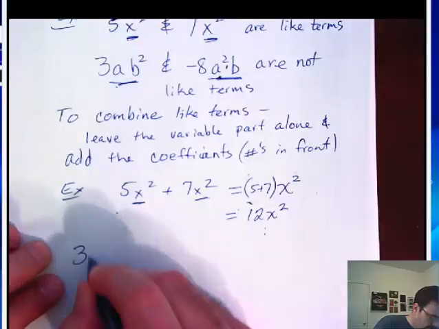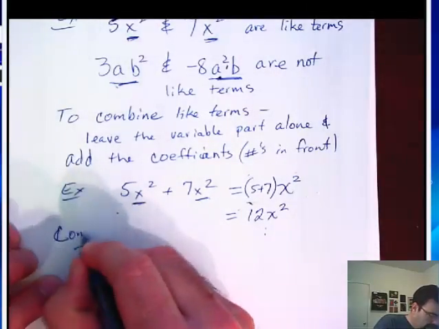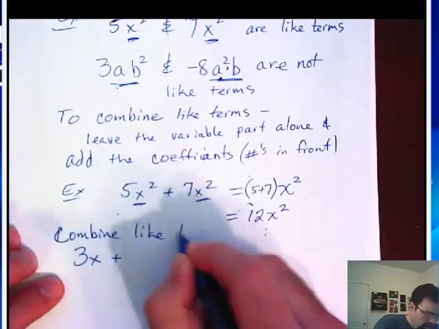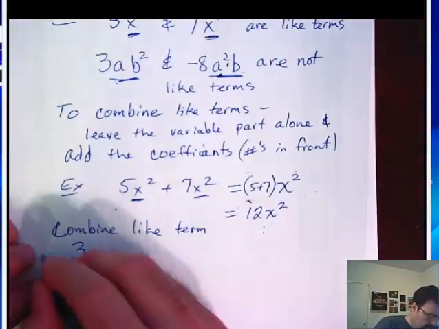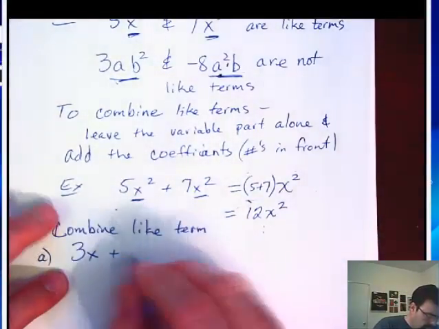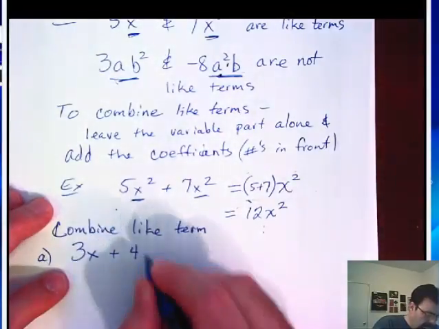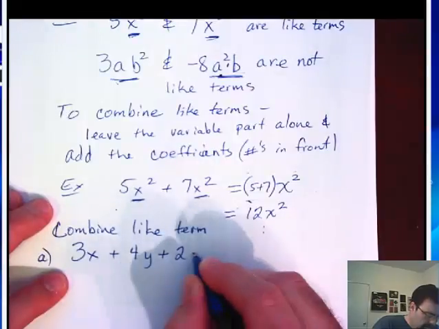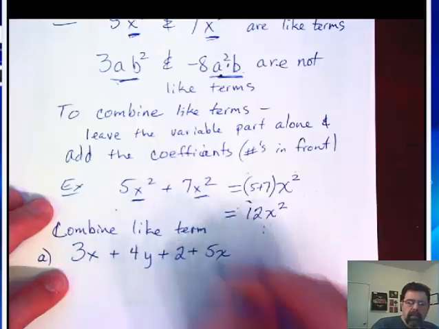So I can say combine like terms, I could say simplify. So here I'm going to say combine like terms: 3x plus 4y plus 2 plus 5x.